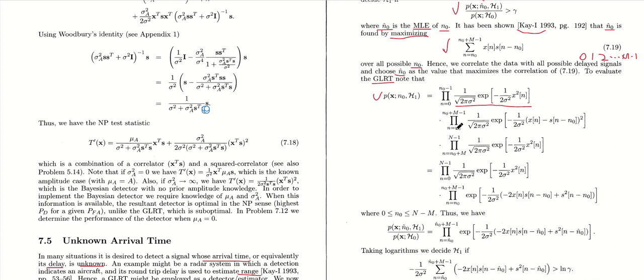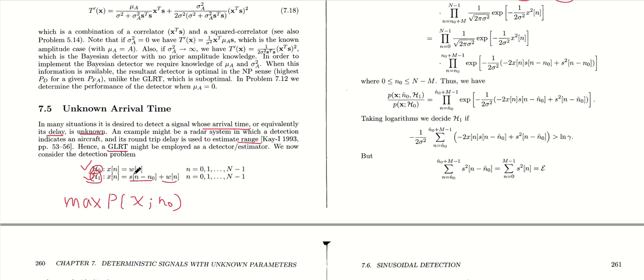Then multiply this from N0 to N minus 1, which is a Gaussian distribution with a signal. Now you have a signal.